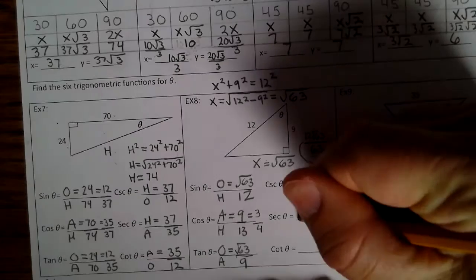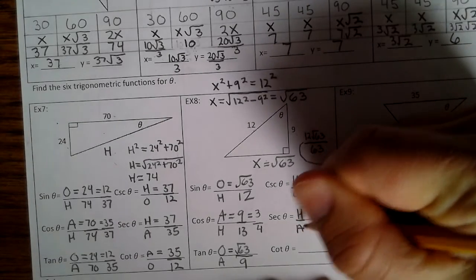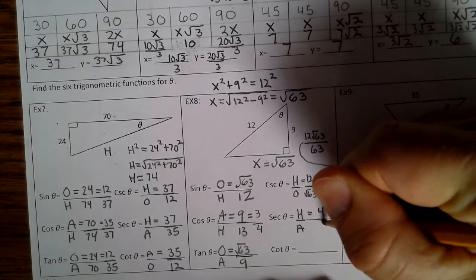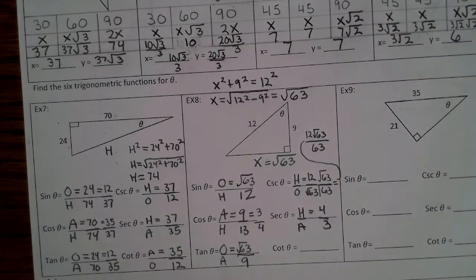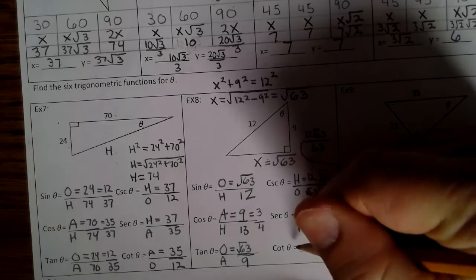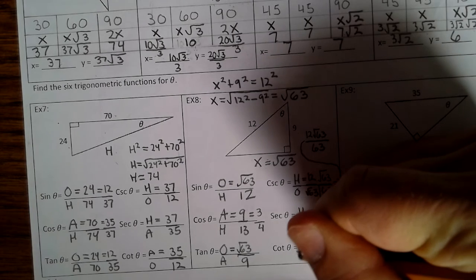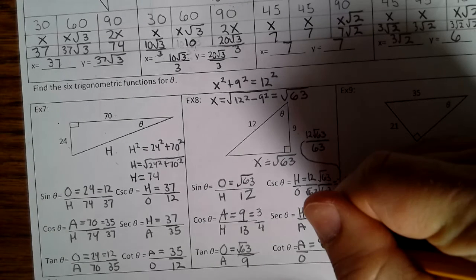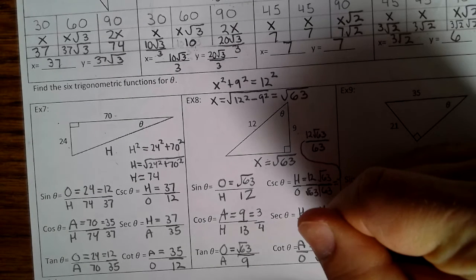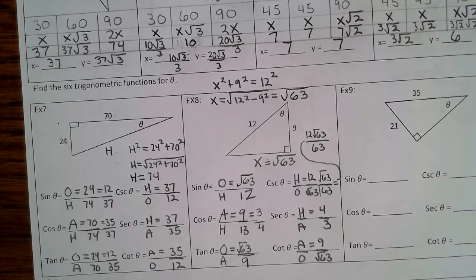Now cotangent is adjacent over opposite, so that would be 9 over the square root of 63. But remember, you can't leave the square root of 63 in the denominator, so we need to multiply by the square root of 63 over square root of 63. And I guess we'll just have to come down here.